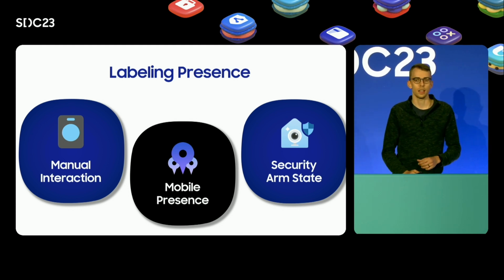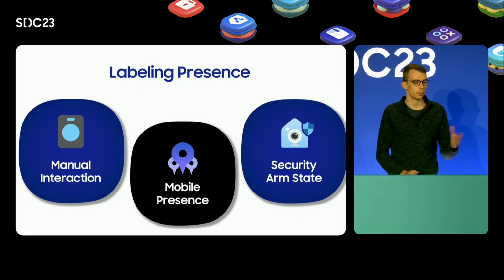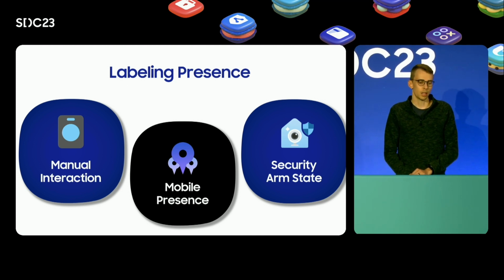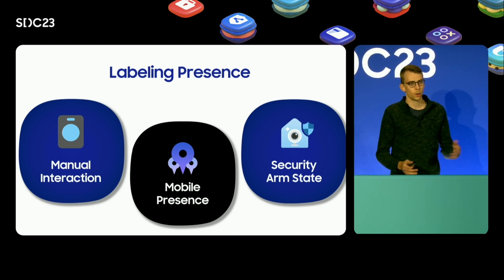If the user enables mobile presence on their smartphone or tablet, they have the ability to trigger automations when they arrive to or leave from their home. Mobile presence events say that the user is present or not present each time they enter or leave, which, with those state change events, allows us to create a timeline of user presence throughout the entire day.